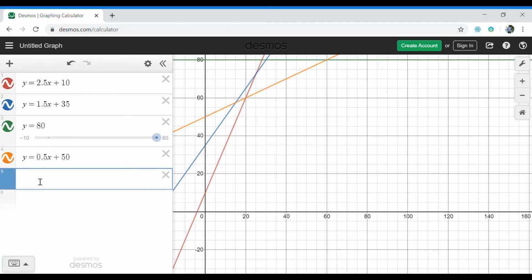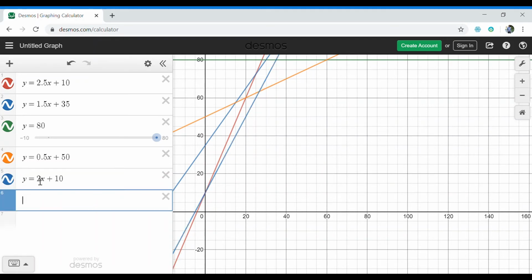All right, so let's start graphing these new equations. The first equation was y equals 2x plus 10. The other equation was y equals 0.4x plus 50.